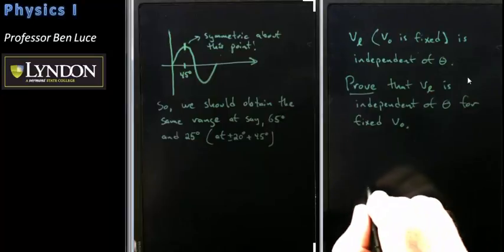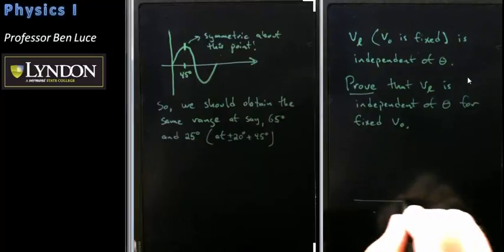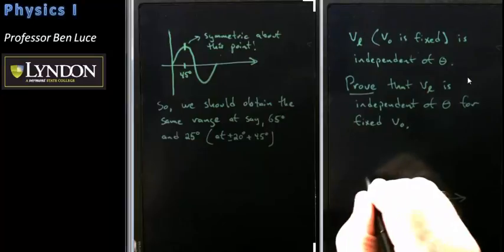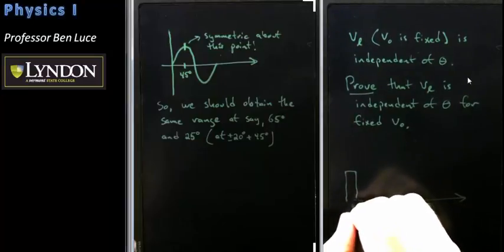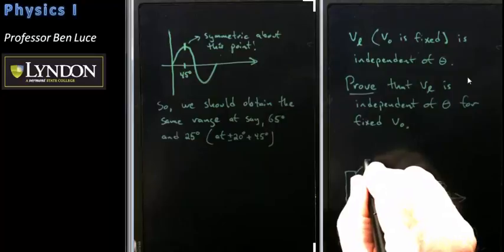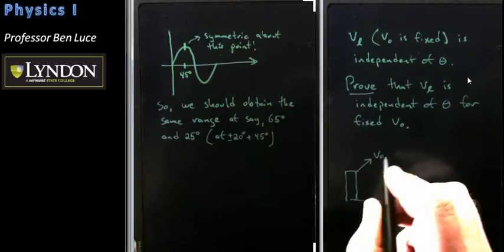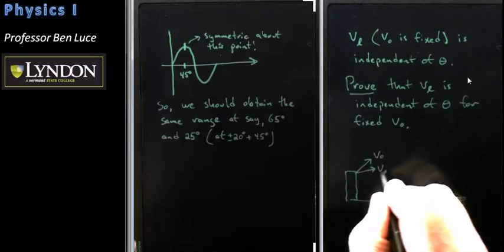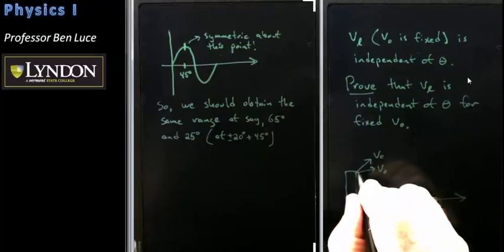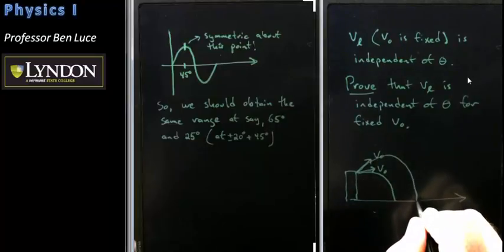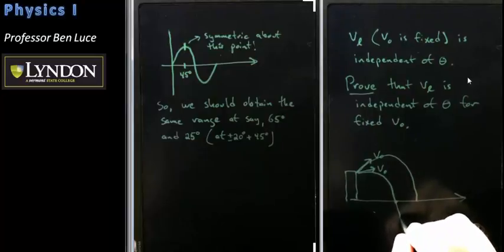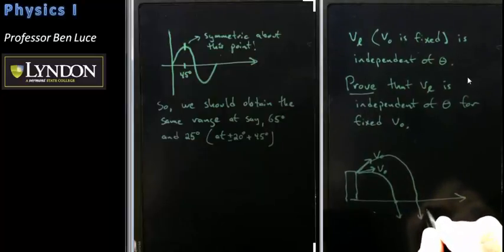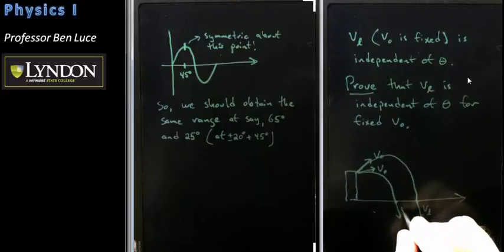So again, what we're trying to prove is, if we launch our projectile from some elevated position, say the top of a building, that it doesn't matter what our angle is, we may obtain different trajectories, but in all cases, the landing speed will turn out the same.